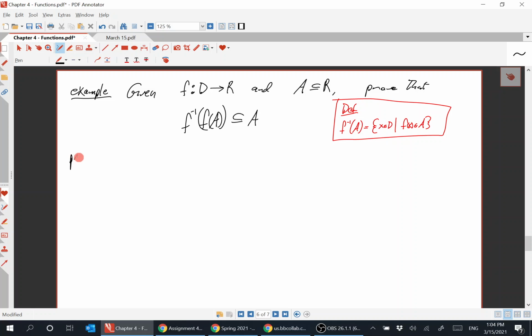Okay. So, let, the image of the preimage, sorry. Image of the preimage of A. Let y be an element of the image of the preimage of A. So let y be an element of this. By the definition of image, what?